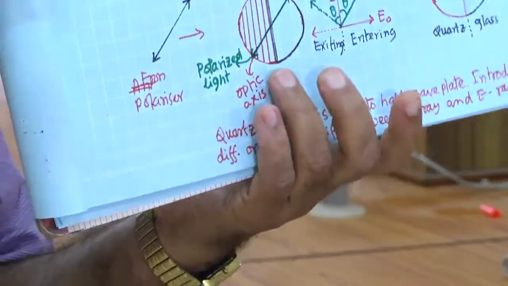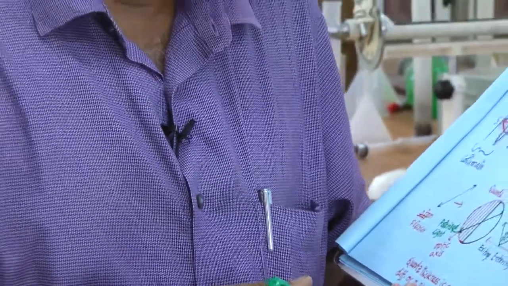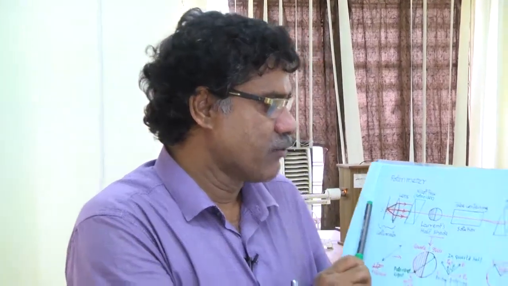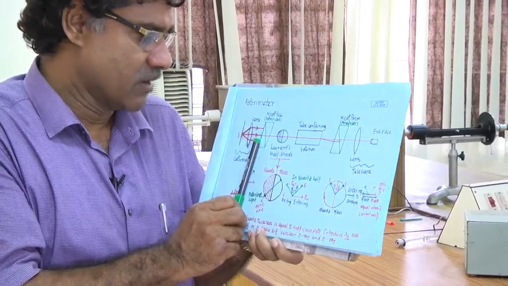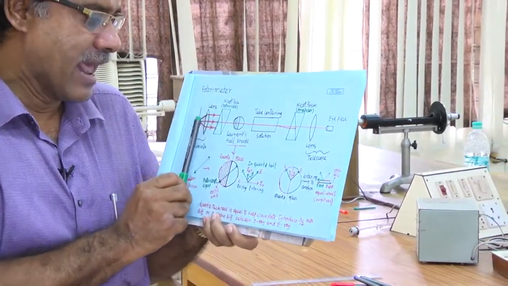Now, we will use the polarimeter. So, this polarimeter is basically the one used by Lorentz. Okay. So, in the polarimeter what things are there? Basically you have a collimator, that means slit source and then lens.